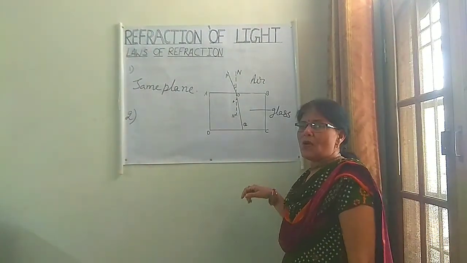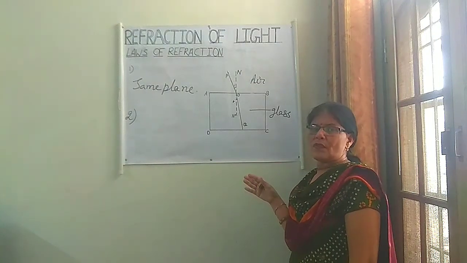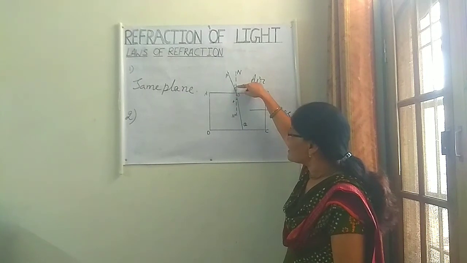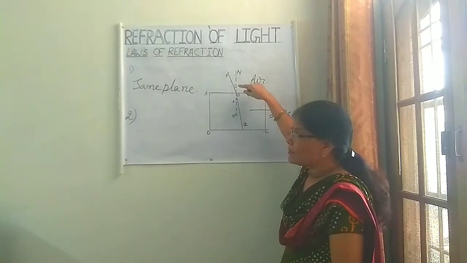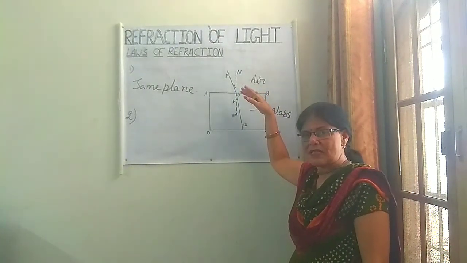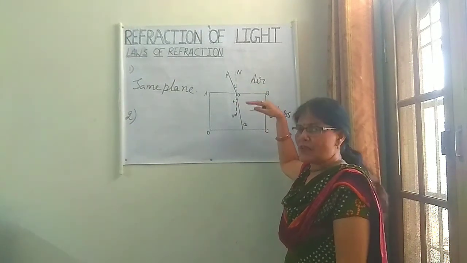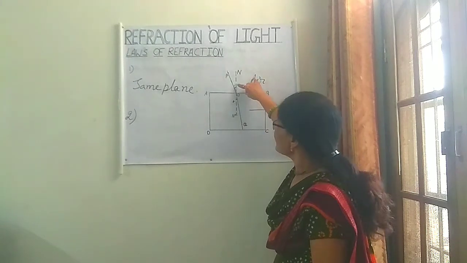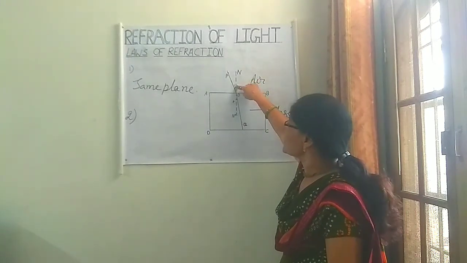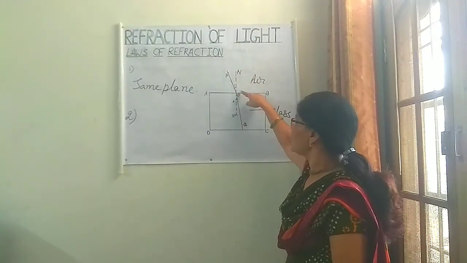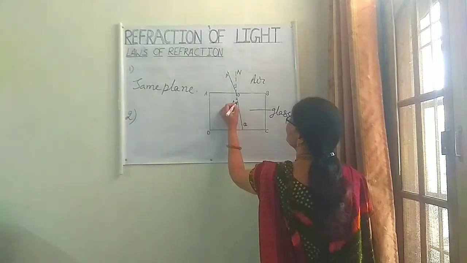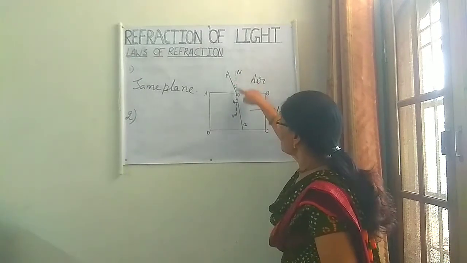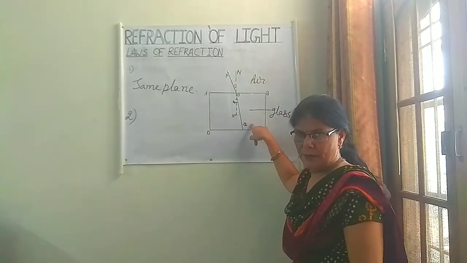the ratio of sine of angle of incidence to the sine of angle of refraction is a constant. This is the second law. This is our angle of incidence, which is formed between the incident ray and normal. This is our angle of refraction, which is formed between normal and refracted ray.